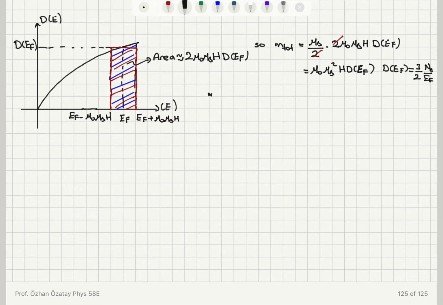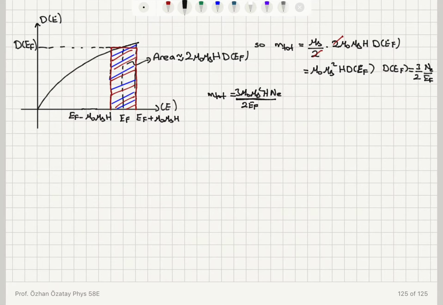So I find that the net up moment will be mu 0 mu b squared h, 3 over 2 E Fermi times the total number of electrons Ne.